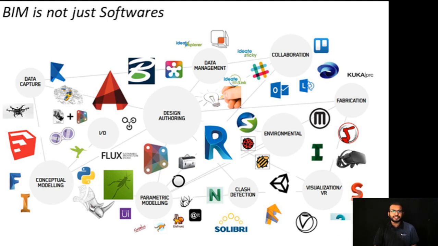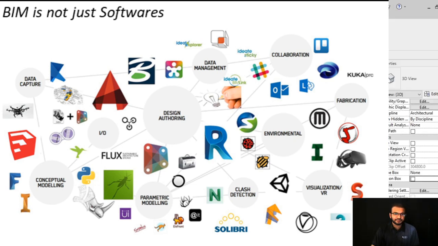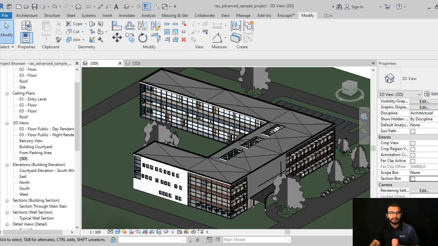Just for information, the BIM modeler for architectural design has the main role of modeling an architecture model, just like what you can see on this screen. You have to prepare a BIM model like this.